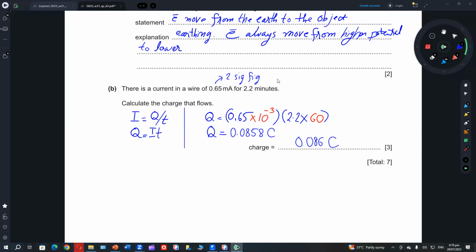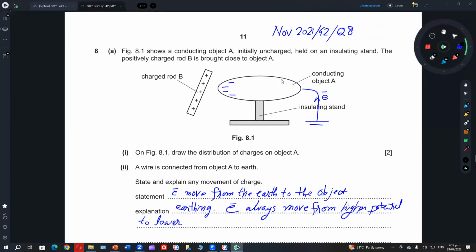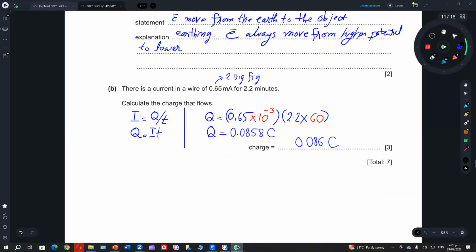Can you check the calculation and update me? Have you checked the answer? Are you able to hear me?